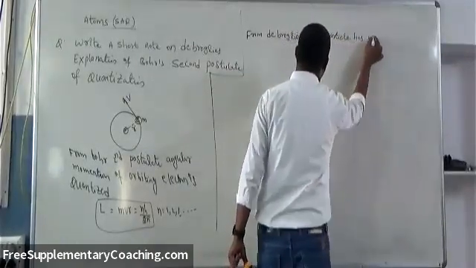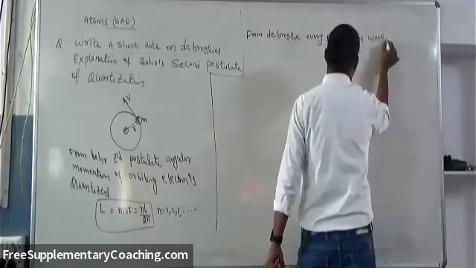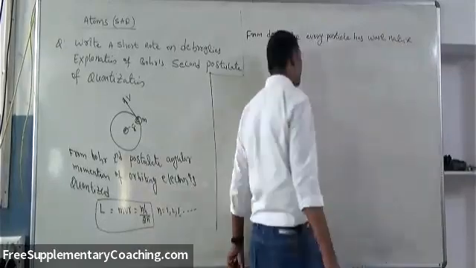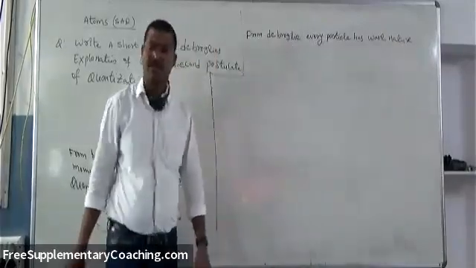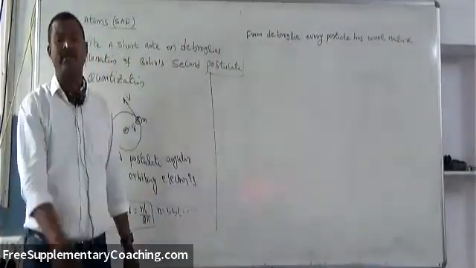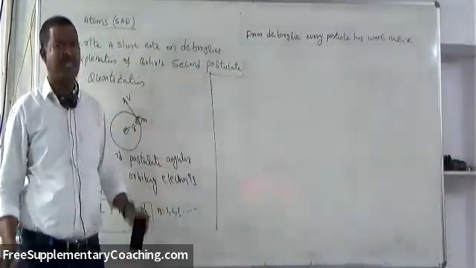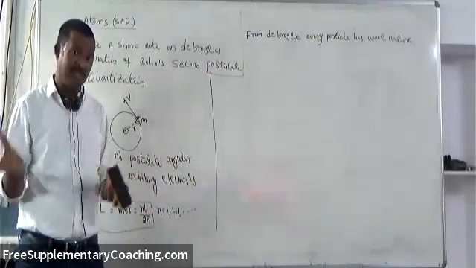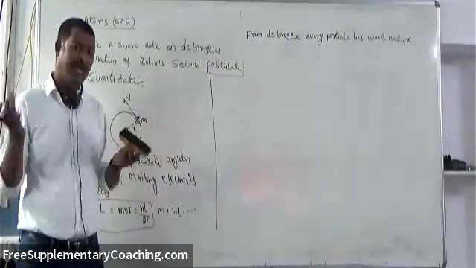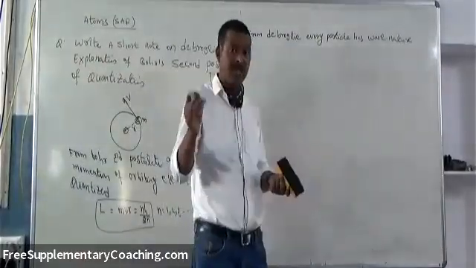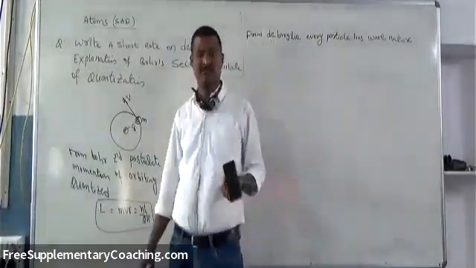And according to him, this definitely includes the orbiting electron. The electron is also a particle, so the electron should have wave nature. That means the electron also has some wavelength.